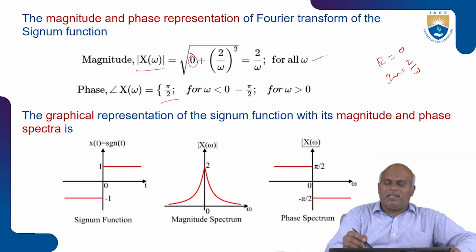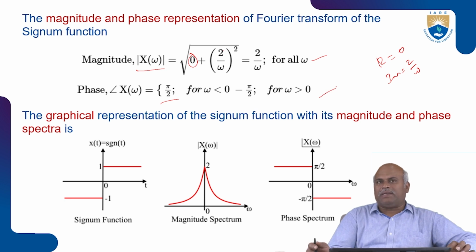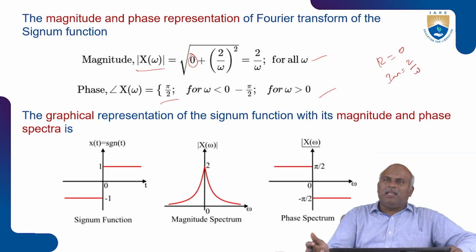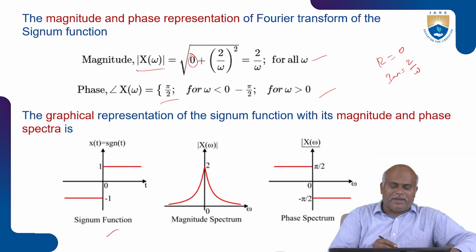Now we have the magnitude response as well as the phase response. Then we need the graphical representation of the sine function, with the magnitude as well as the phase spectrum. First, this is the sine function we got, x of t equal to sgn of t.